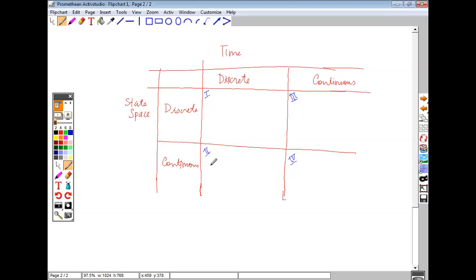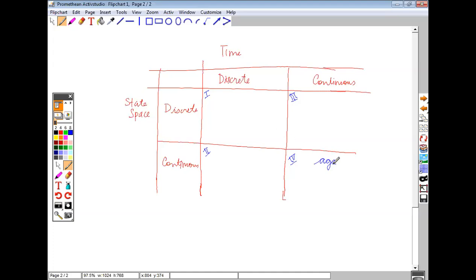The age. That is actually a good example, right? So again, if you are measuring your age in terms of years, it could still classify as a discrete state space and maybe discrete time as well.